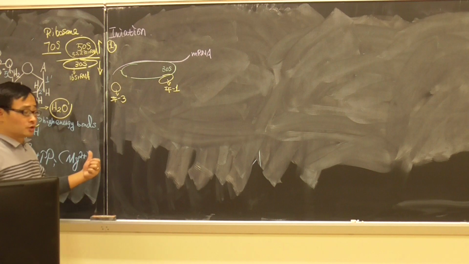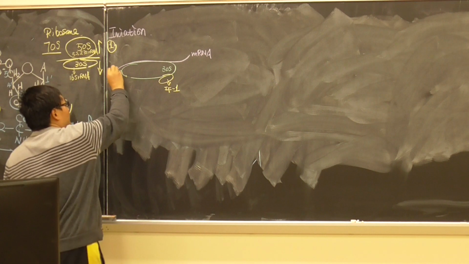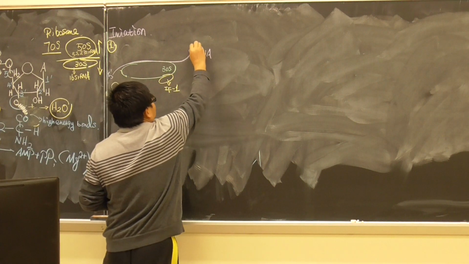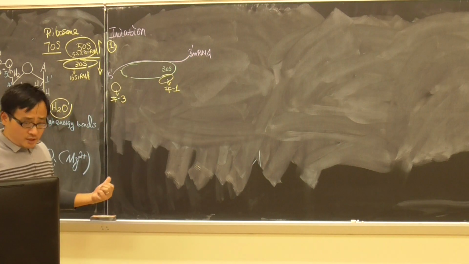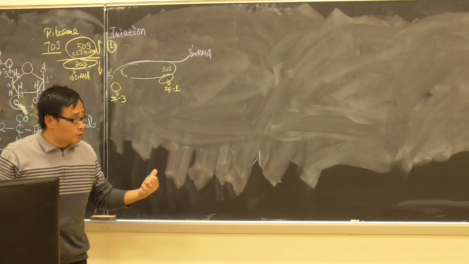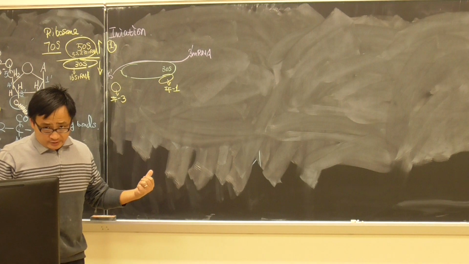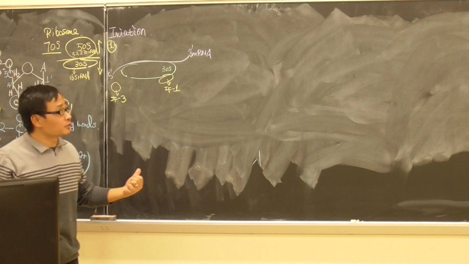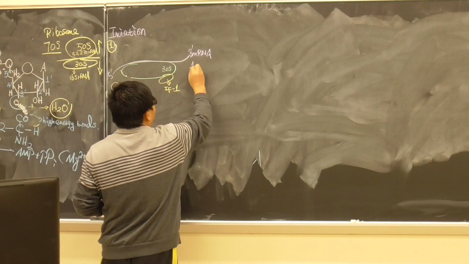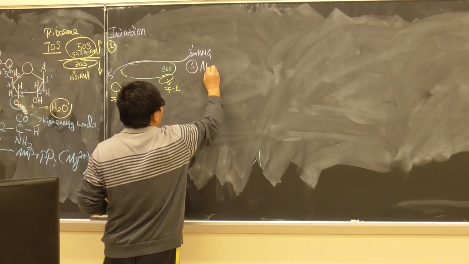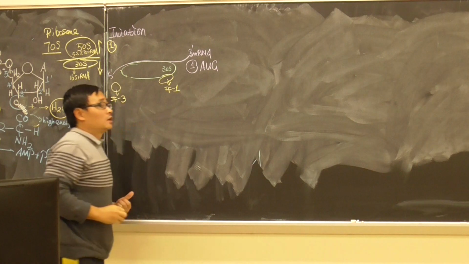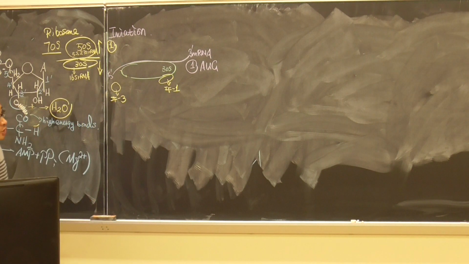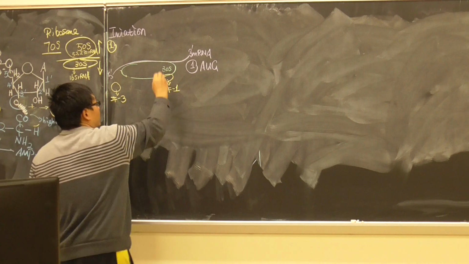First of all, you need to know, this is running 5' to 3'. It does not mean any mRNA will go through translation. They have some signals. What are the two major signals? Number one, everybody knows, you need to have AUG, because AUG is an initiation codon.